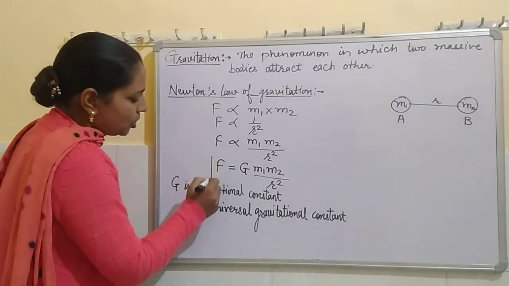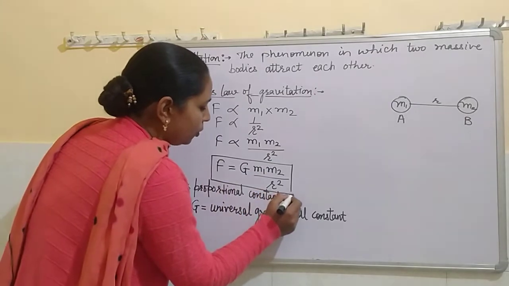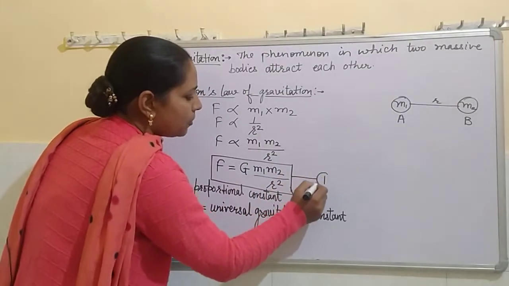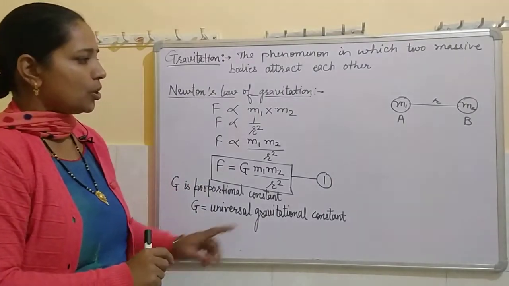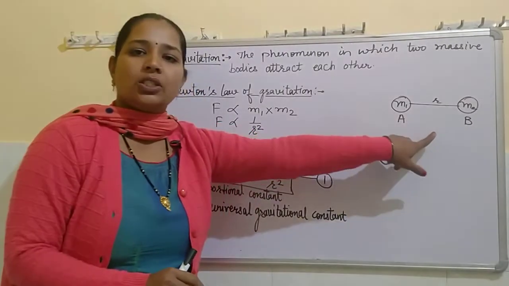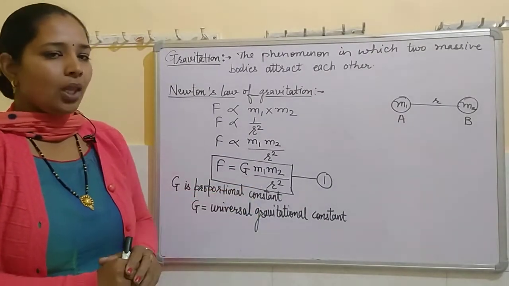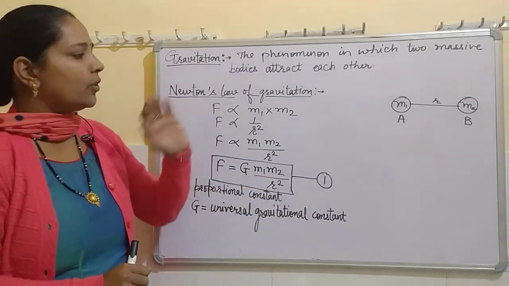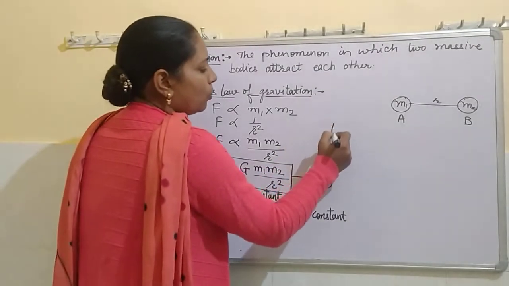And this relation is the mathematical formulation of Newton's law of gravitation. By using this formula, we can calculate the gravitational force between two massive bodies separated by a distance r. This Newton's law of gravitation is also known as the universal law.